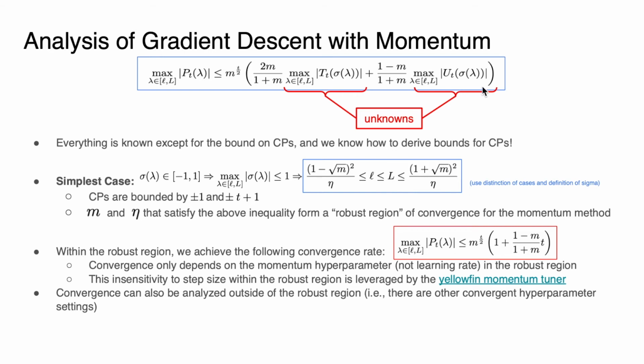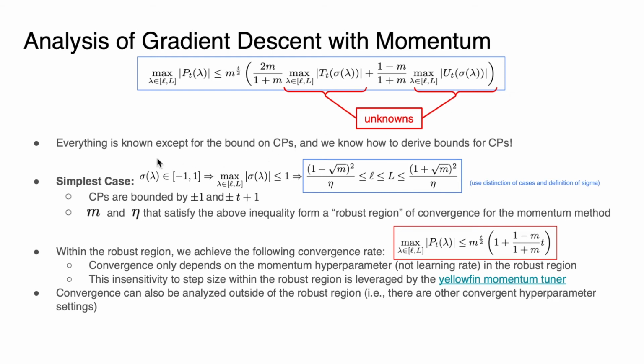If we look at this expression, the interesting thing is that we know all of the values within it aside from the maximum values of the first kind Chebyshev polynomial and the second kind Chebyshev polynomial. So these are our only unknowns within this equation. But luckily, we know from previous numerical analysis literature how we can bound these maximum values of Chebyshev polynomials.